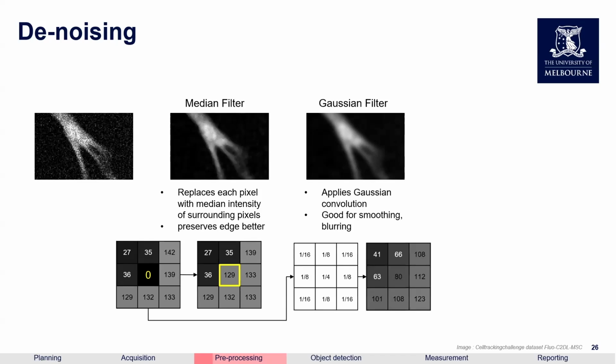The Gaussian filter applies Gaussian convolutions mainly to smooth or blur the signal. So it's slightly different between the median and Gaussian filter.